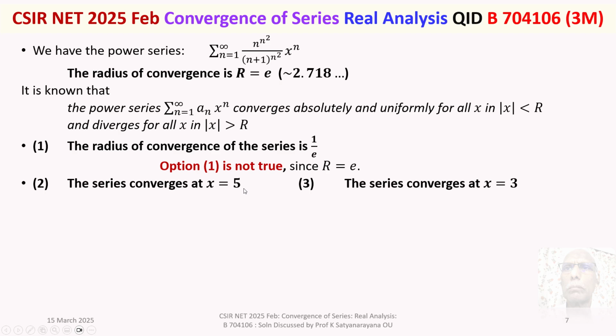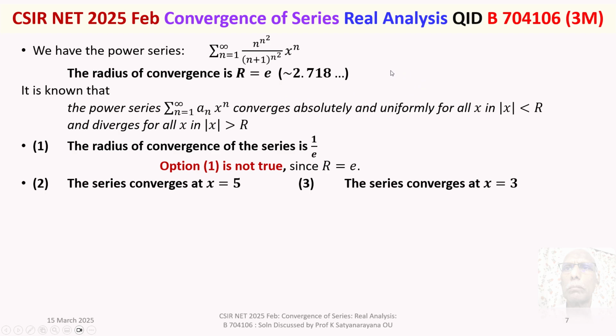And it's very clear, the radius of convergence is r equal to e. That means in the open interval minus e to plus e, it converges. And for every x outside this open interval, it diverges. Now, x is equal to 5 does not belong to minus e to plus e, because e is approximately 2.718.